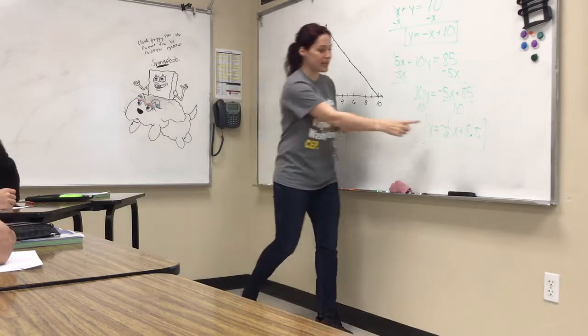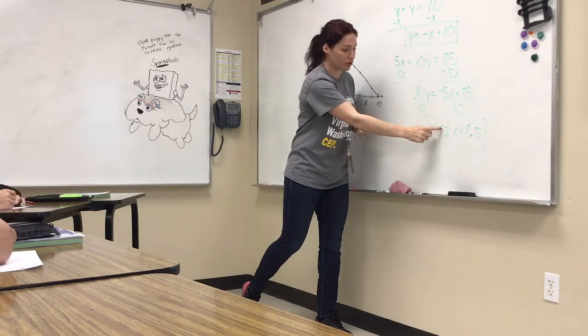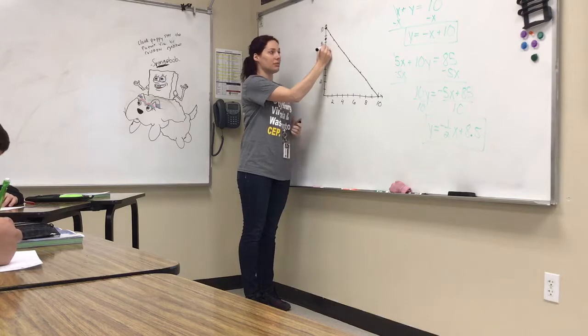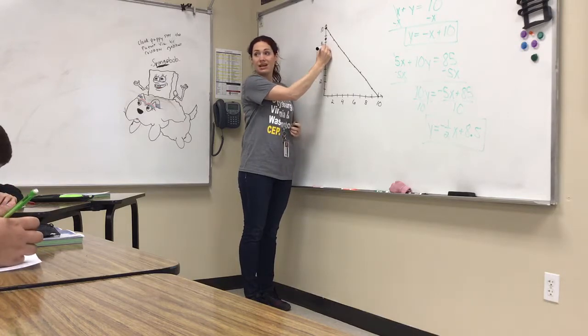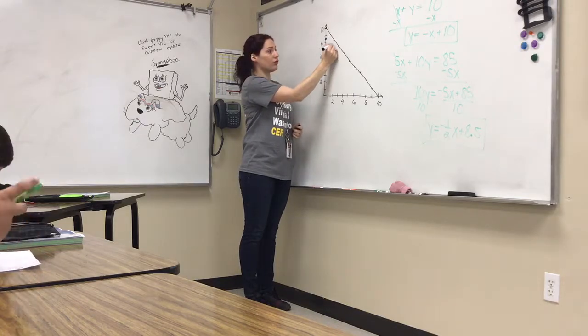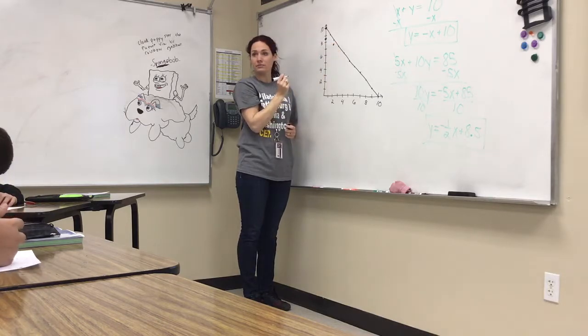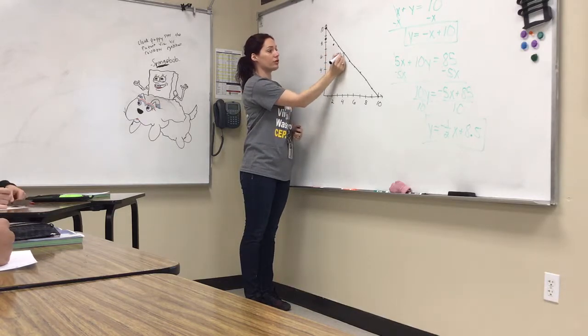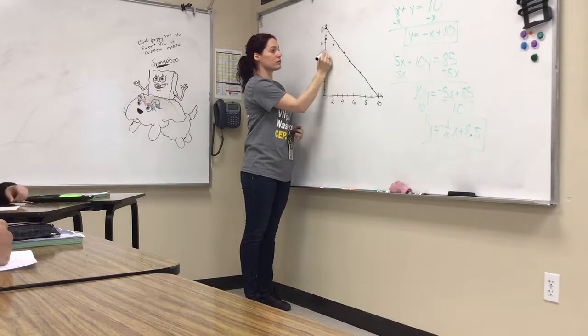And my slope is -1/2. So you have to go down 1, right 2. So down 1 would get me to 7.5, over 2. Down 1 would get me to 6.5, over 2.